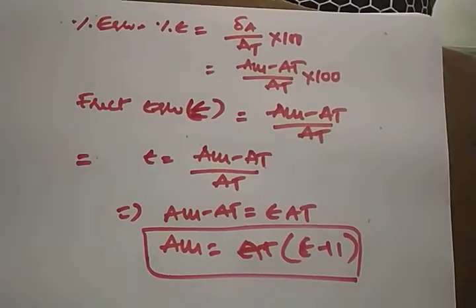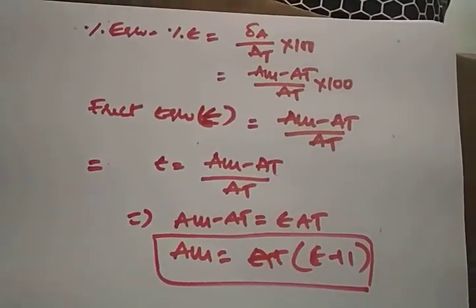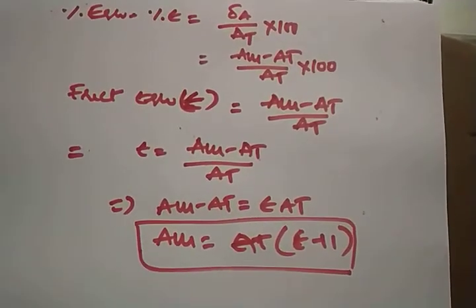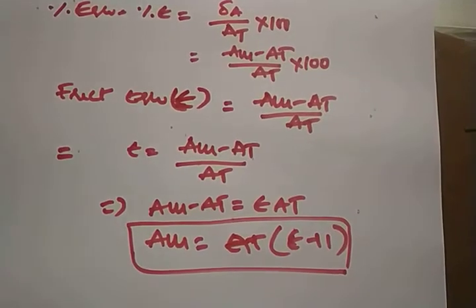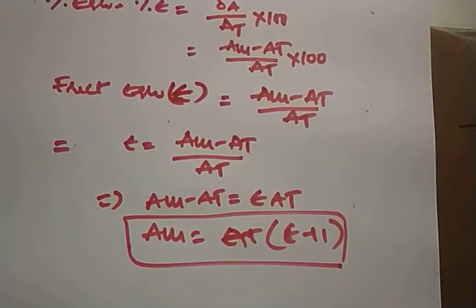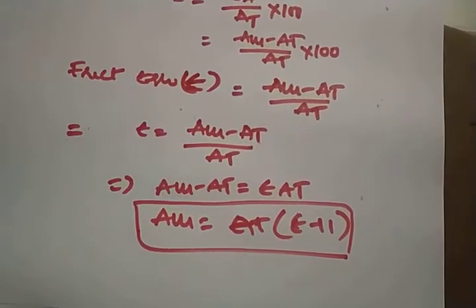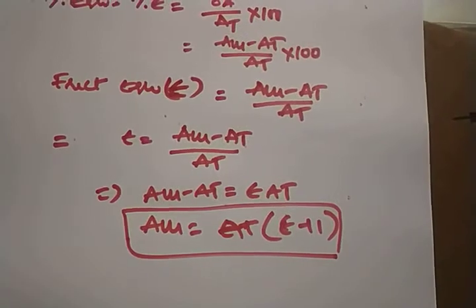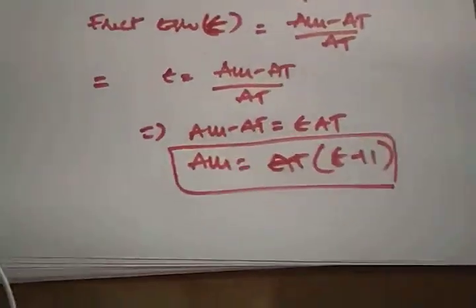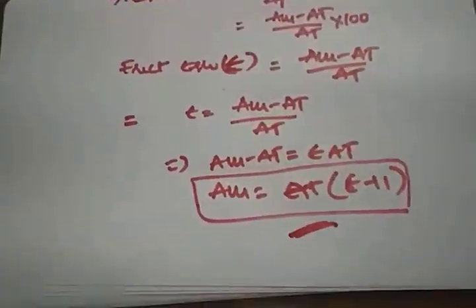If you don't use the percentage, it is called fractional error, denoted by epsilon, which is (AM minus AT) by AT only. If epsilon is given and you know the true value, you can find the measured value: AM is equal to AT into (epsilon plus 1). This is a formula.